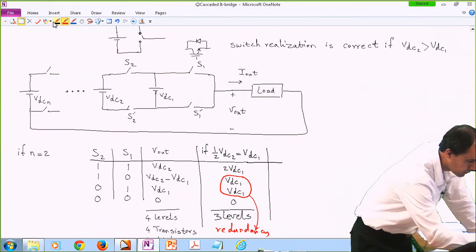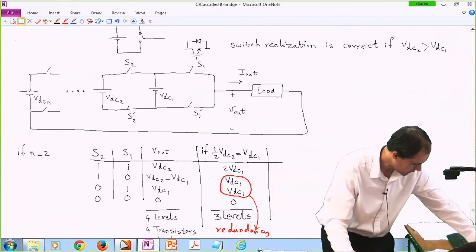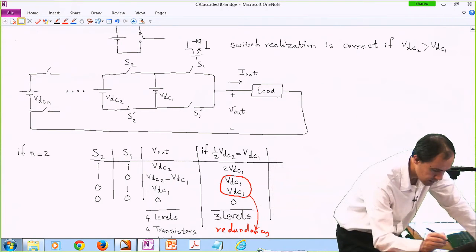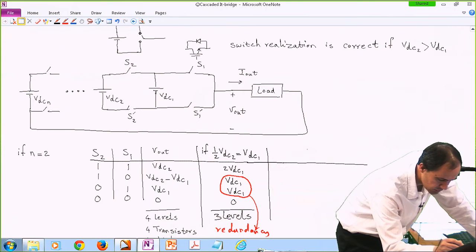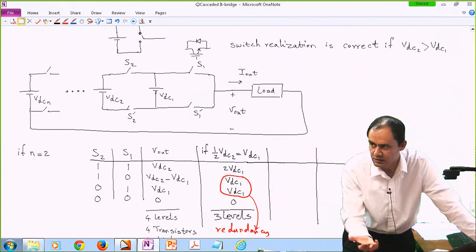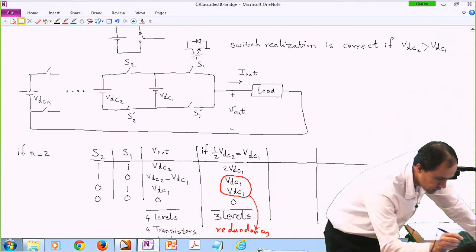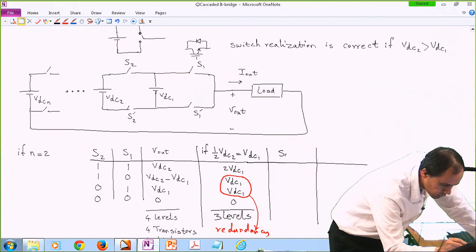All right, let's look at the charge and discharge pattern of these sources. For now, they are still sources, but later on we are going to realize that VDC2 is actually a source, and VDC1 is a capacitor which is regulated at half of that source.